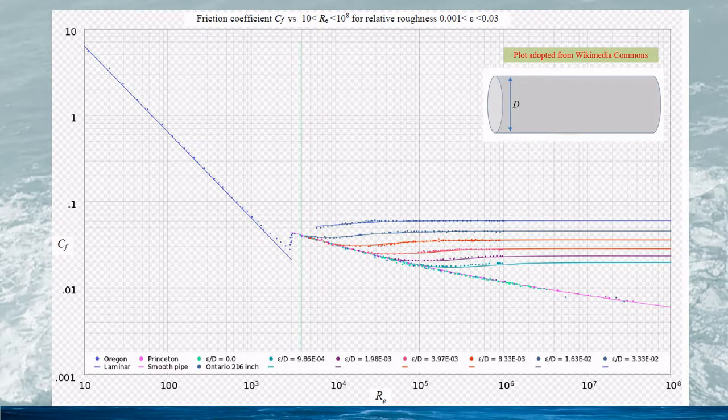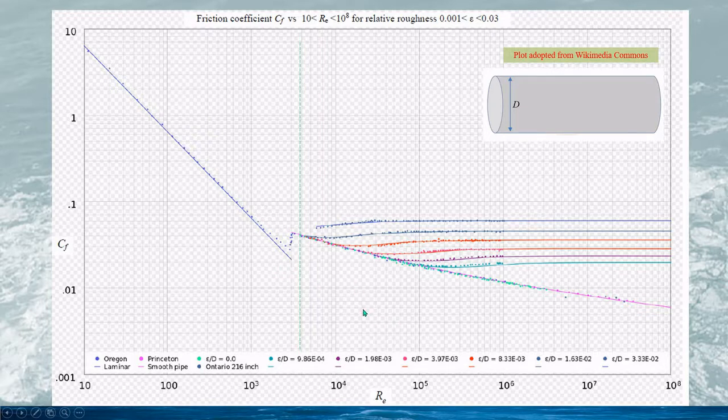In this slide, a Moody diagram is given from the published experimental data for the friction coefficient of the viscous flow in a horizontal pipe. The relation between the friction coefficient and the Reynolds number and the relative roughness can be clearly seen in the plot.